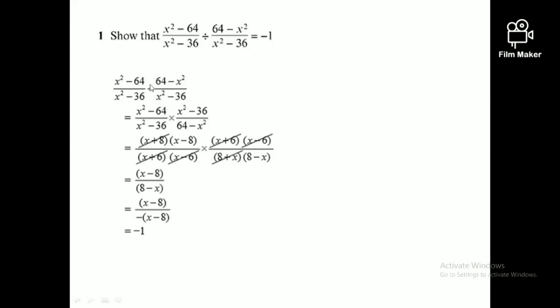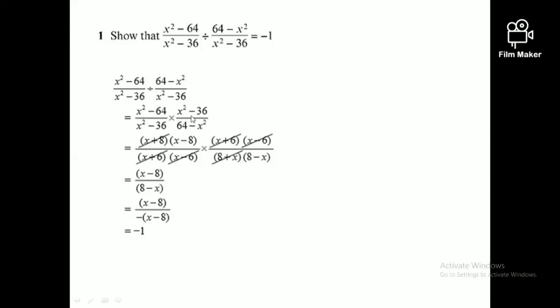So it will turn into x squared minus 36 divided by 64 minus x squared. Then x squared minus 64: we know that 64 is 8 squared, so it's a difference between two square numbers. So x squared minus 64 you can write as x plus 8 times x minus 8. 36 is also a square number, x squared minus 6 squared. So this one you can write as x plus 6 times x minus 6.